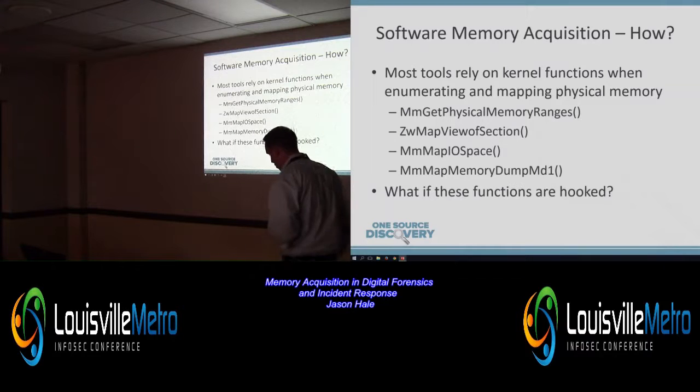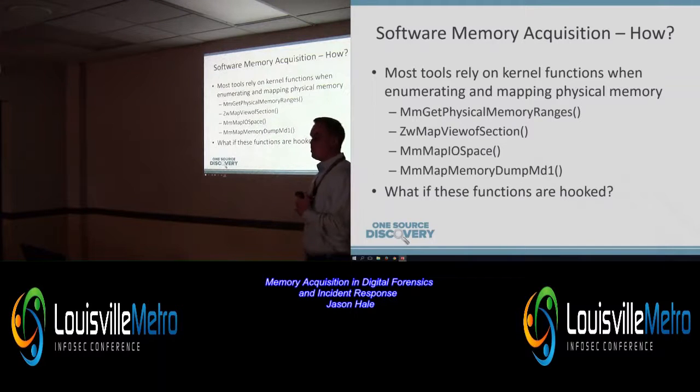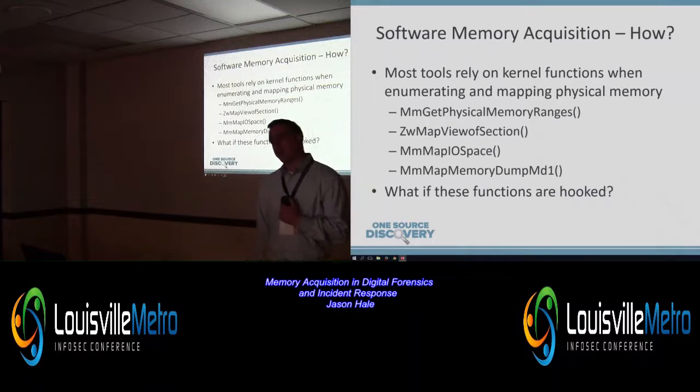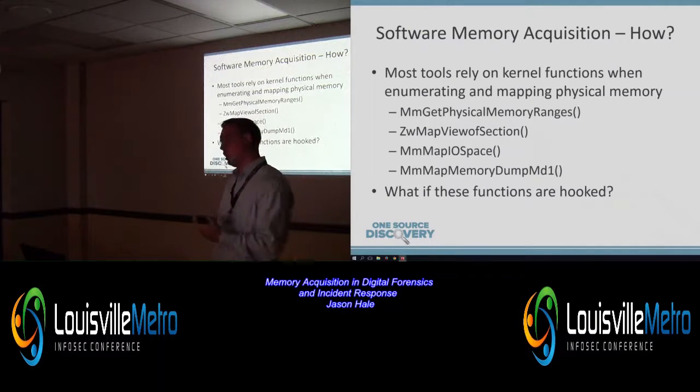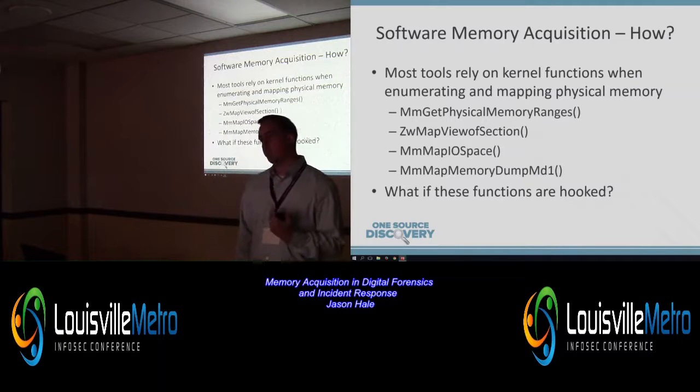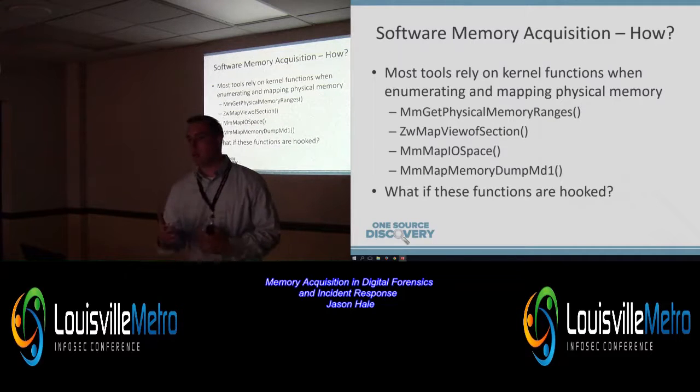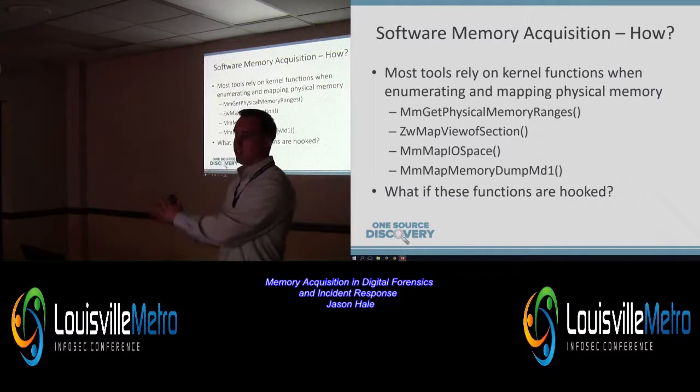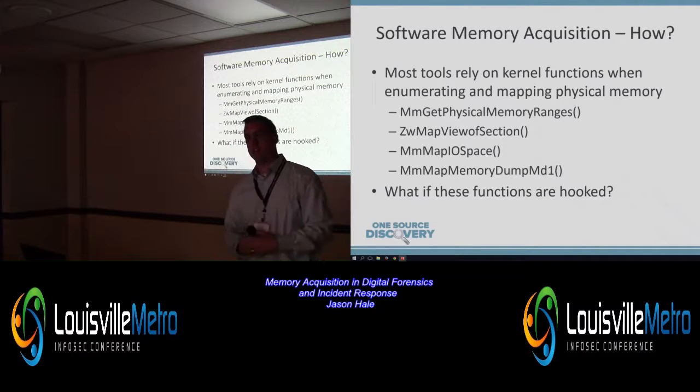So what I'd like you to think about is what happens if these functions are hooked? For anyone unfamiliar with the concept of hooking, you can essentially think of it as a redirect. If a function is hooked and you try to call it, what may end up happening is a different function is actually run, usually a modified version of that.